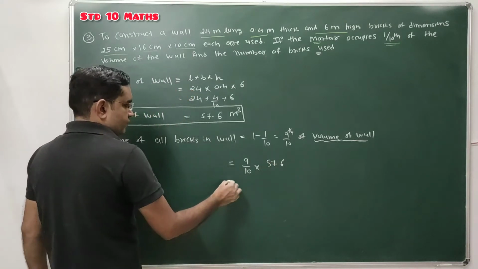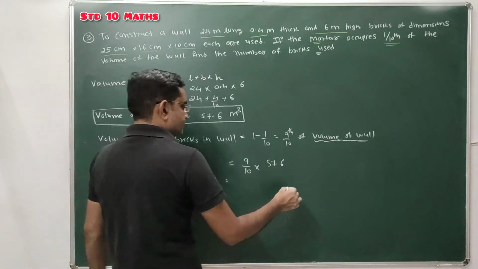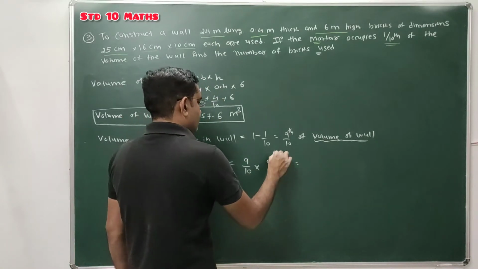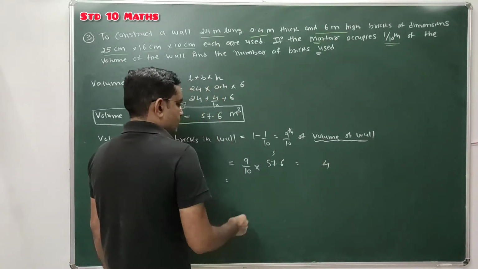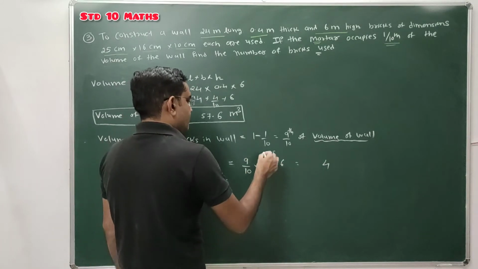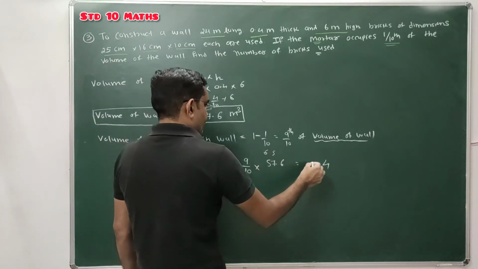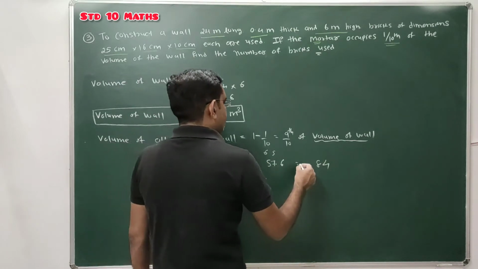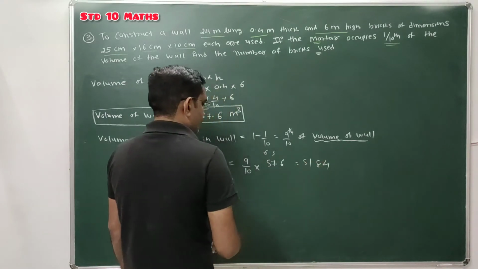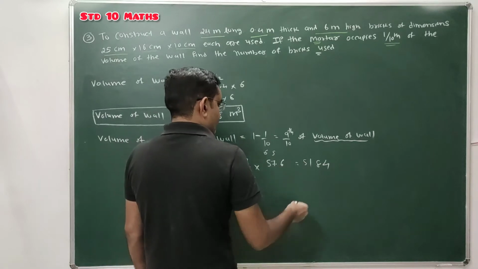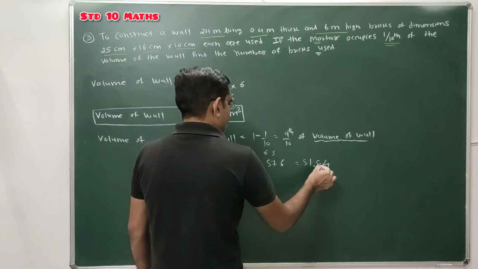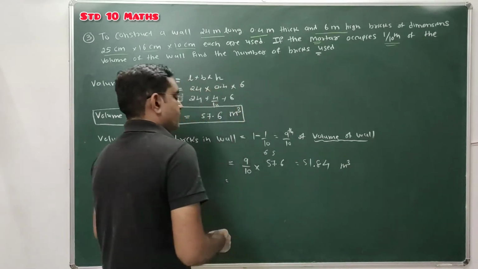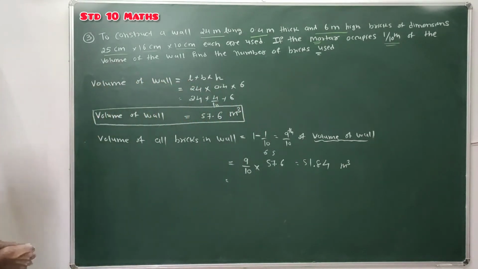So the volume of bricks is 9/10 of 57.6. Multiplication: 9 6s are 54, 9 7s are 63, plus 5 is 68, 9 5s are 45, plus 6 is 51, divided by 100. So it's 51.84 meter cube. This is the volume of bricks in a wall.